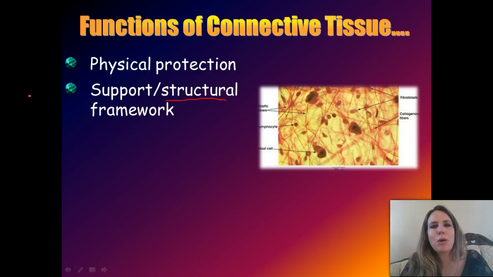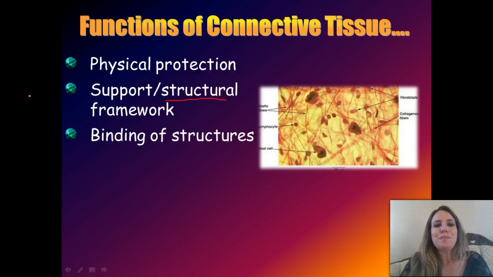You have your leg bones, and gravity is constantly pushing down on your body, and you're constantly walking or running or jumping or doing what it is that we do, and that's putting a lot of pressure on our body. And so we would just collapse and become this blob if we didn't have those structural components to keep us upright and keep us intact. And so bone is an example of a structural connective tissue.